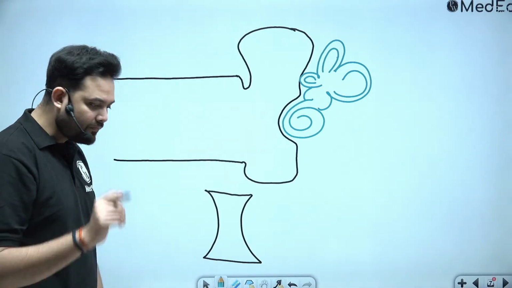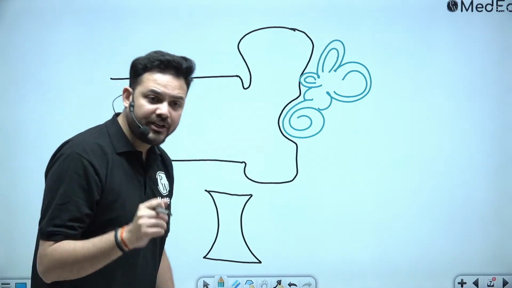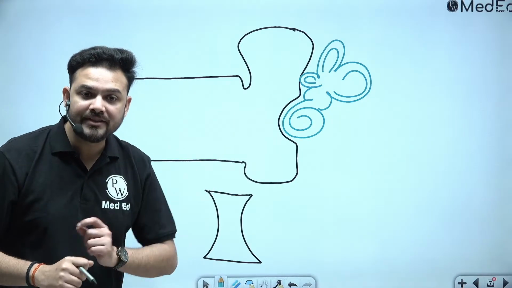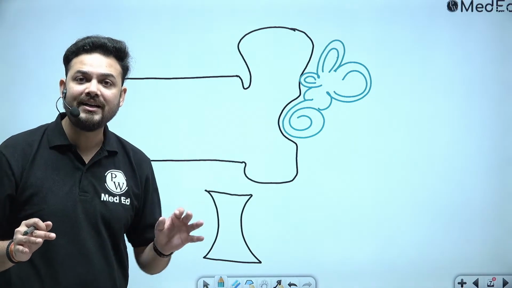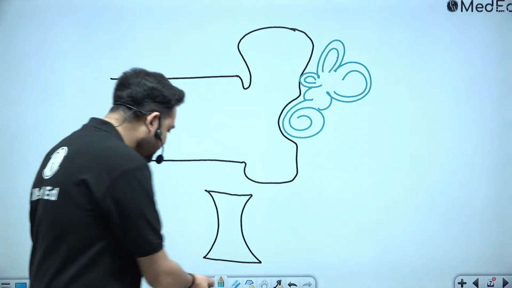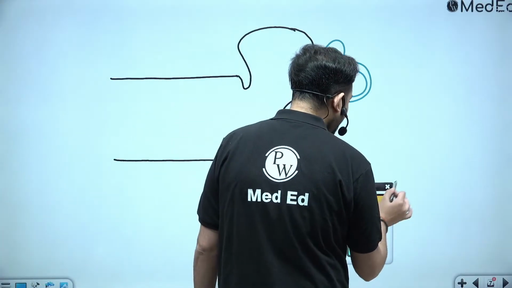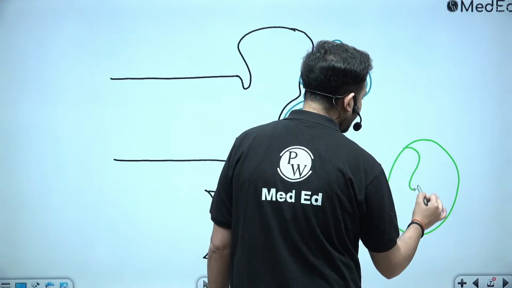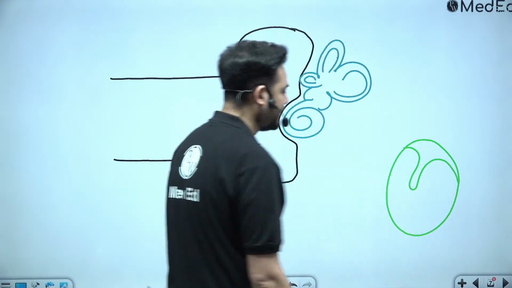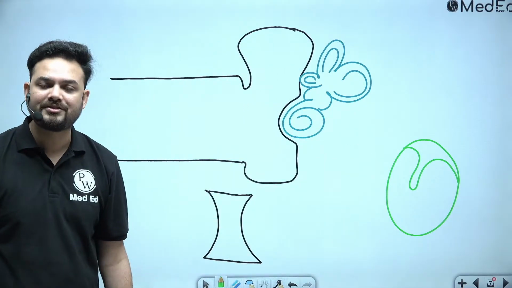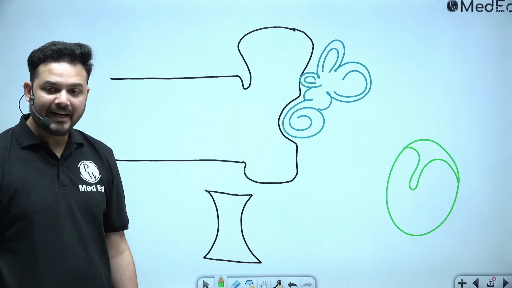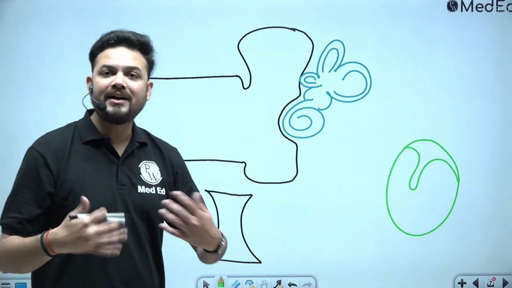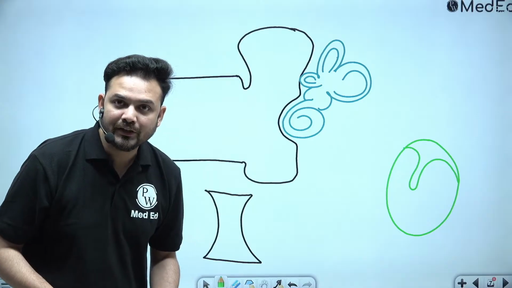Now, at the junction of the external auditory canal and the middle ear, what is present? There is a very important structure, that is our tympanic membrane. Our tympanic membrane is the one which is separating our middle ear from our external ear. And this is how our tympanic membrane looks. So the tympanic membrane is present in here, right? And how many parts are there in the tympanic membrane? There are two parts.